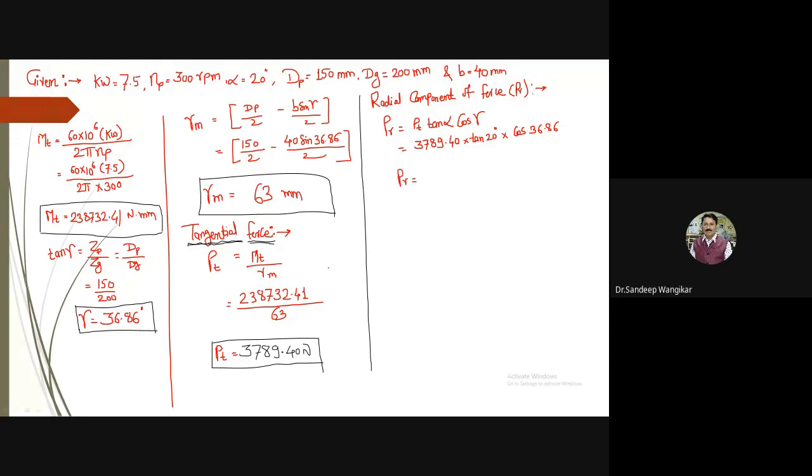We will get the value of PR, 1103.52 Newton.